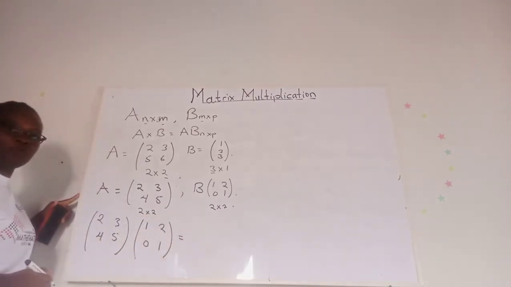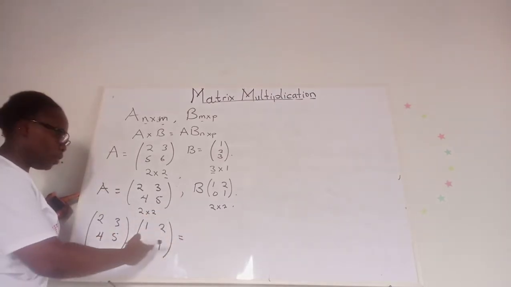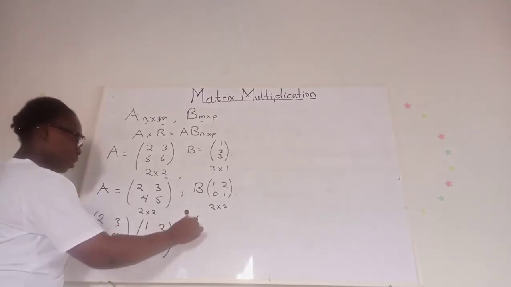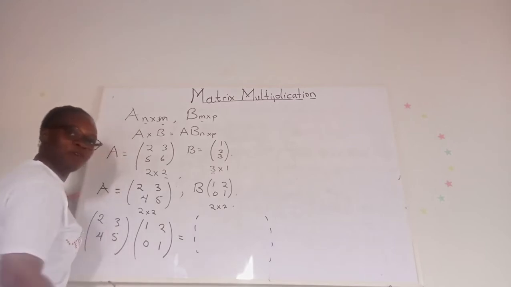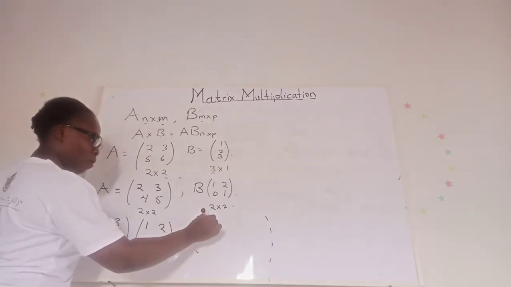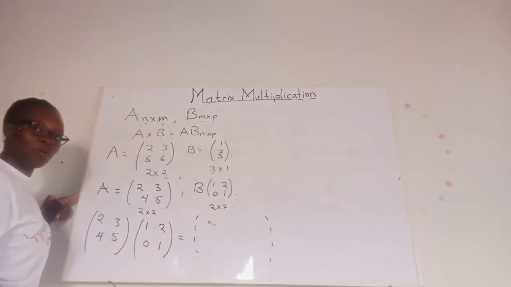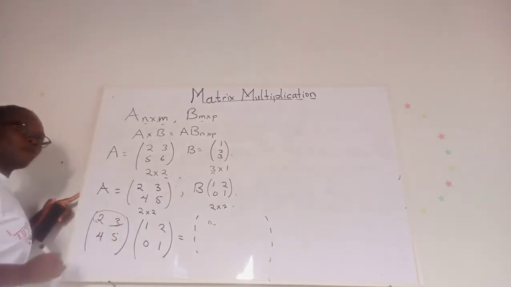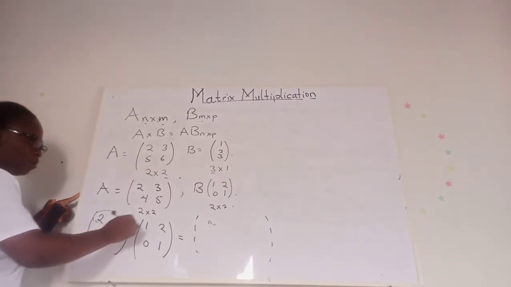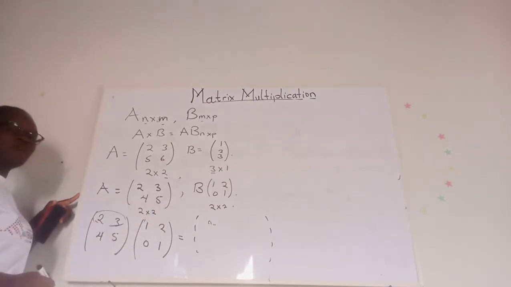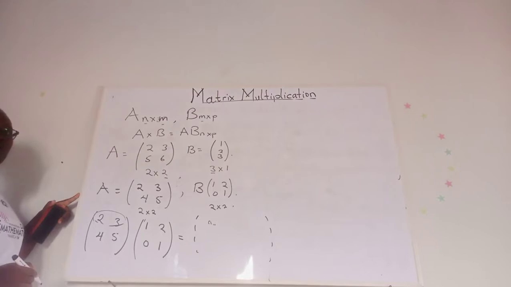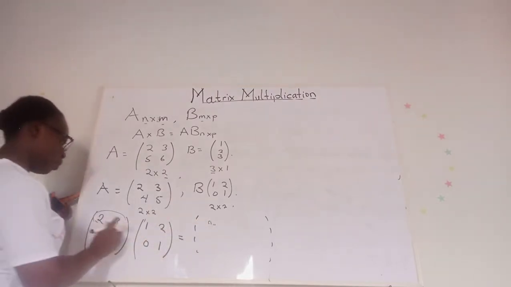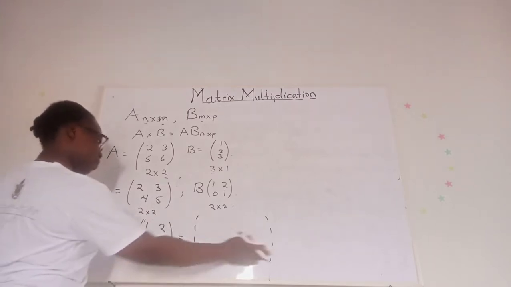Okay, so we want to do the multiplication for this matrix. So how do we represent each element in our matrix, A11, A12, and all that? To do that, we take the first row of the first matrix and multiply by the first column of the second matrix. So that becomes our first element. So I take this, we multiply.